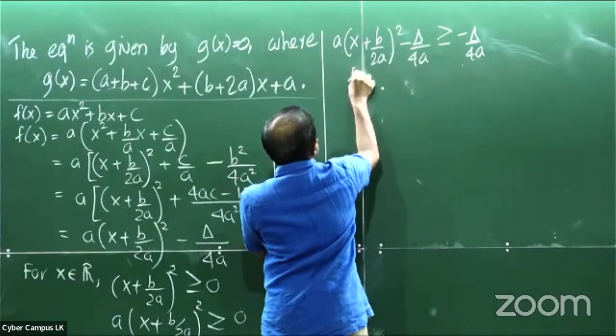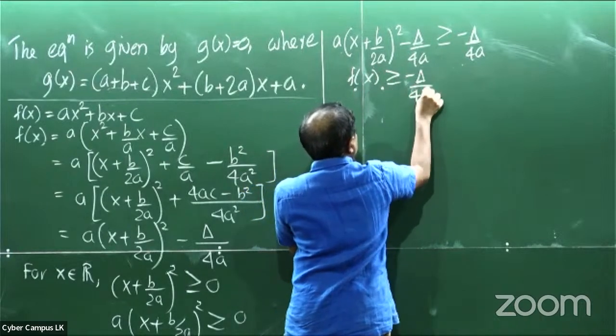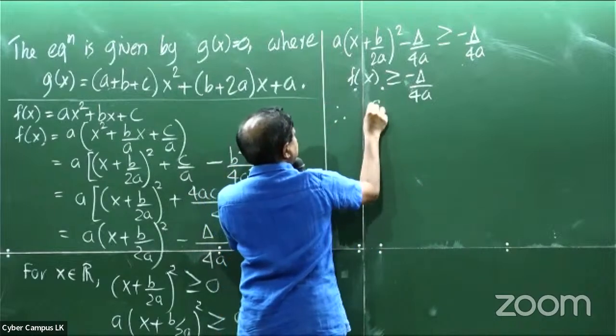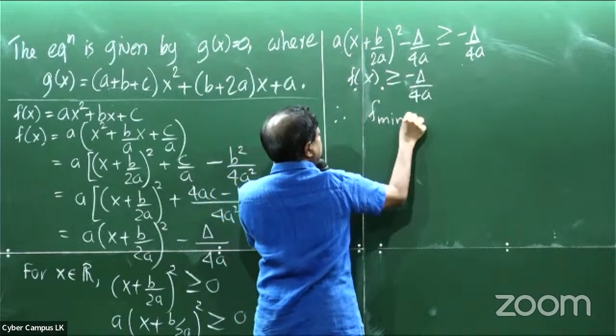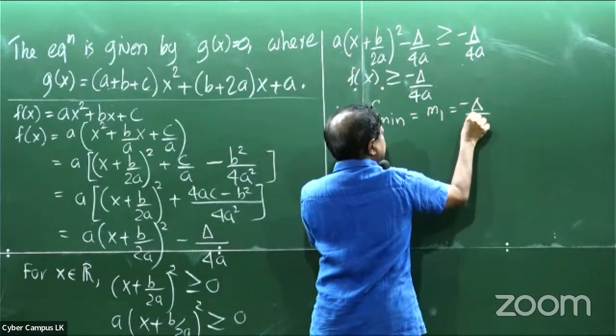Now this is fx. Therefore, the minimum, which is in fact m1, is minus delta over 4a.